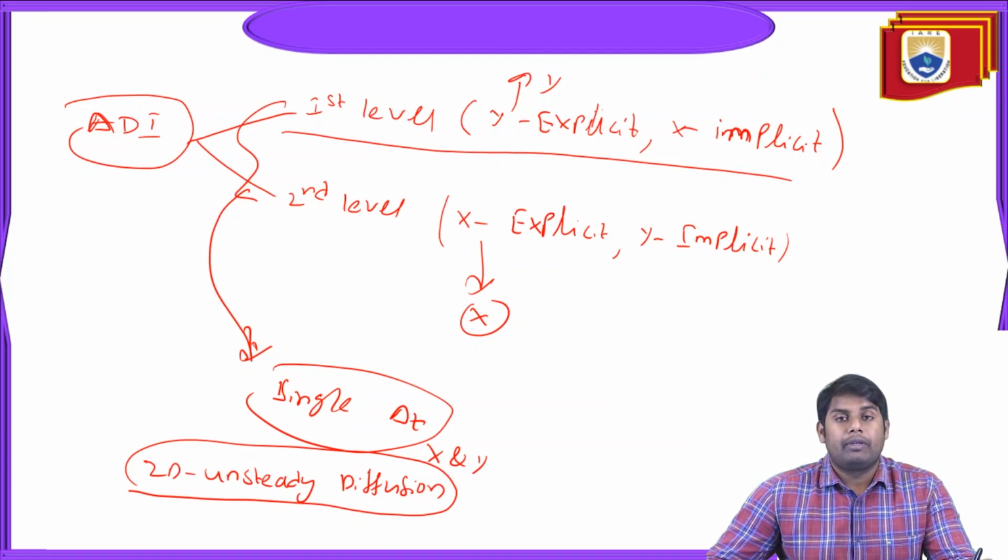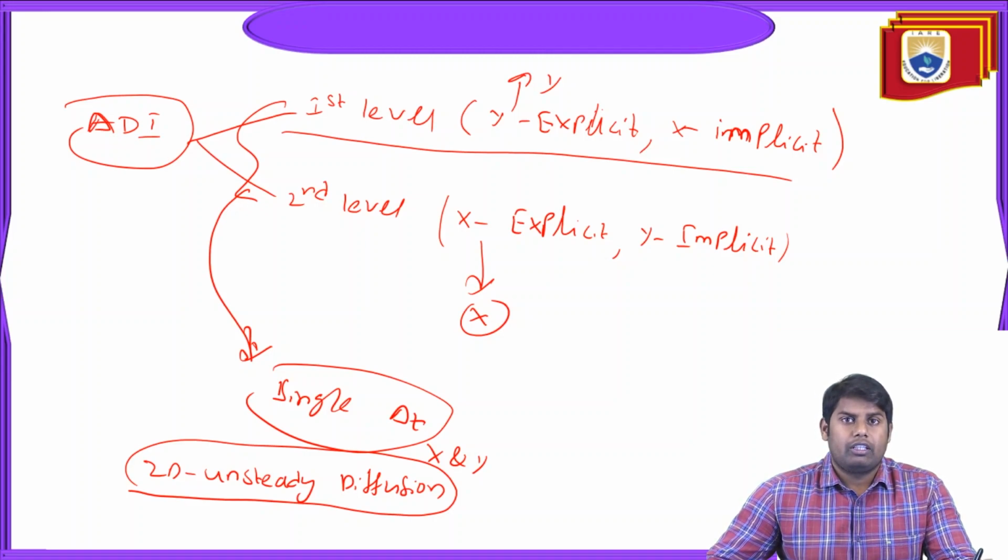The next will be the MacCormack scheme, and we have seen the Crank-Nicolson scheme already, which is a second order implicit method. We have taken a general equation with a switching factor theta. When theta is equal to 0, it is fully explicit. When theta is equal to 1, it is fully implicit. When theta is equal to half, it is semi-implicit, which is called the Crank-Nicolson scheme.